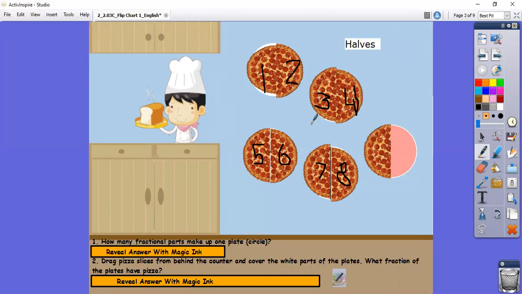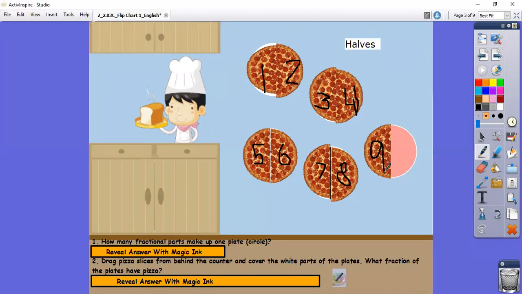Notice how Miss Austin put her numbers right on top of those halves. That way I can make sure that I didn't miss anything. 1, 2, 3, 4, 5, 6, 7, 8. There is a piece that I haven't labeled yet. So let's go ahead and label that. And this means I have 9 halves.